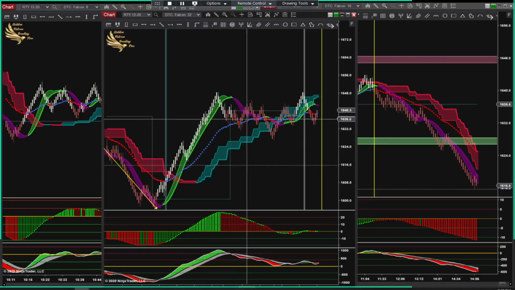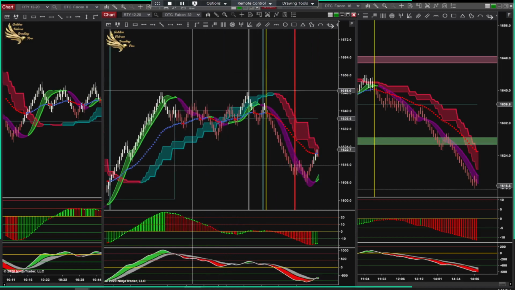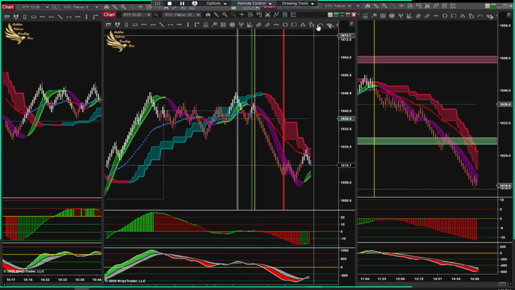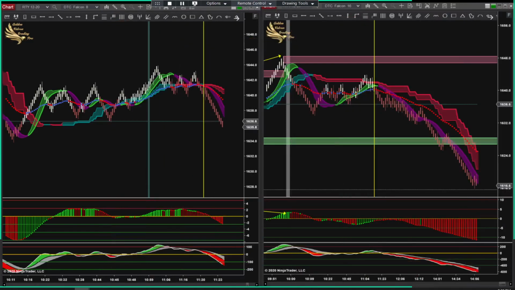We tested it here, we tested it here. We broke it, and we got back above it. We could argue wave 3, wave 4, truncated wave 5 maybe. But once we get on a certain side of the traveler and solidify, it can really hold the trend.